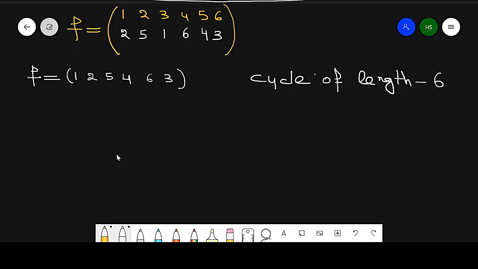Now if I take another example, we can understand only with the help of examples.